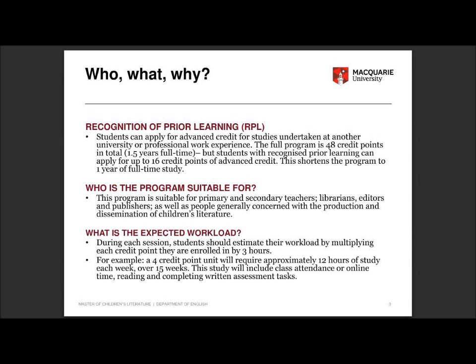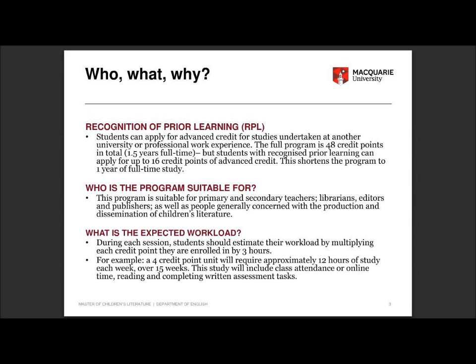In terms of how long the program is, I just said that the full-time program is 1 year and a half. You can actually apply for RPL, which is recognition of prior learning. And that means that students can apply for advanced credit for studies that they've undertaken at another university or professional work experience.